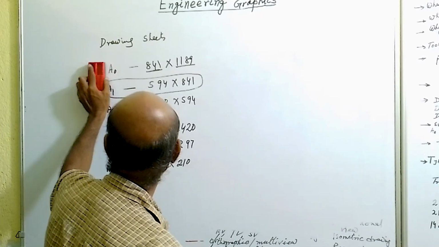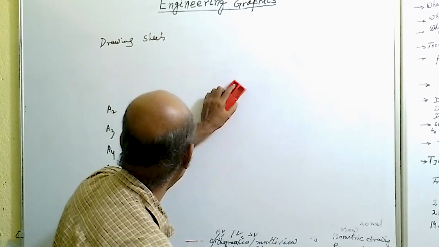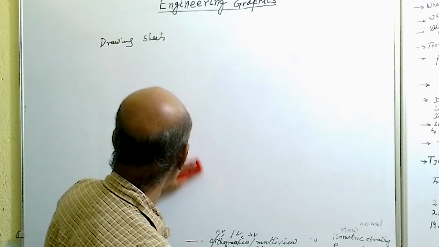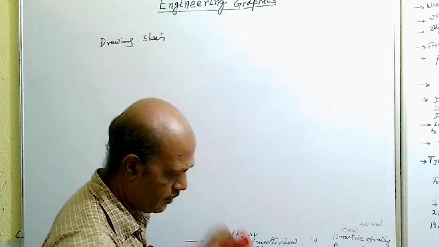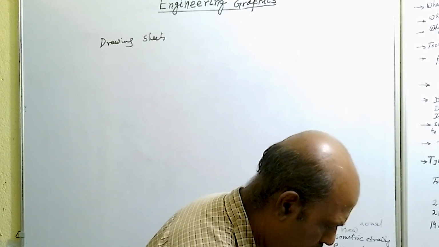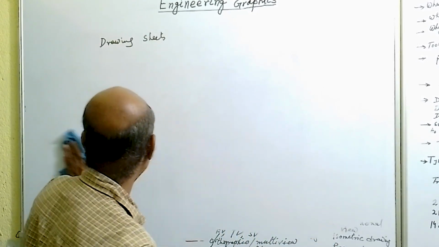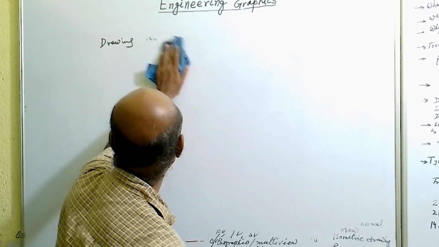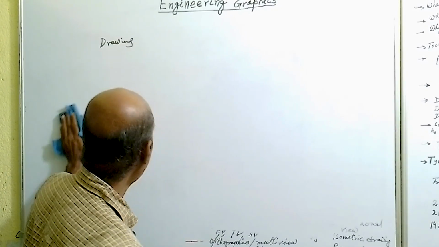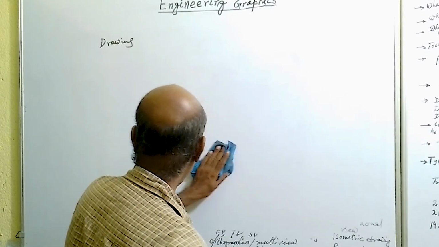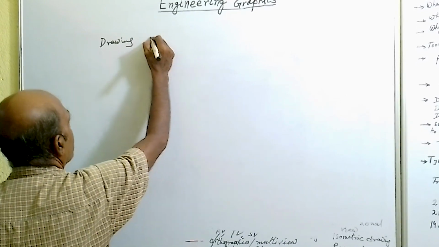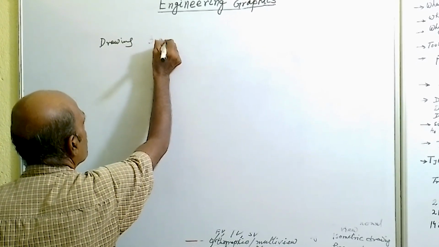Now we'll see the layout of drawing sheet. We'll discuss the drawing board sizes first. To accommodate the drawing sheets, drawing boards are of various sizes as per the standard.